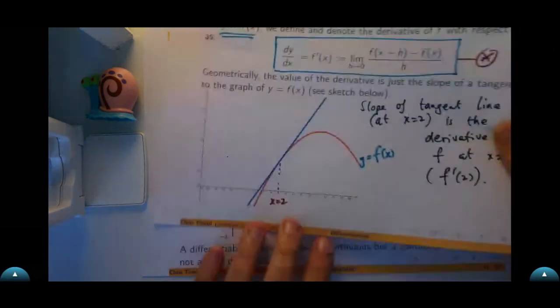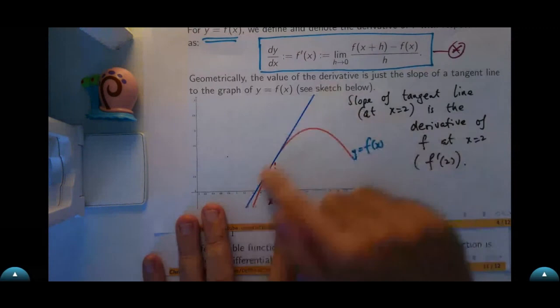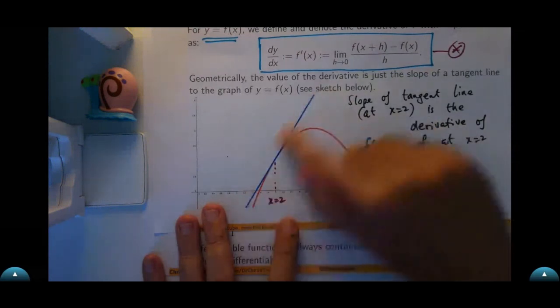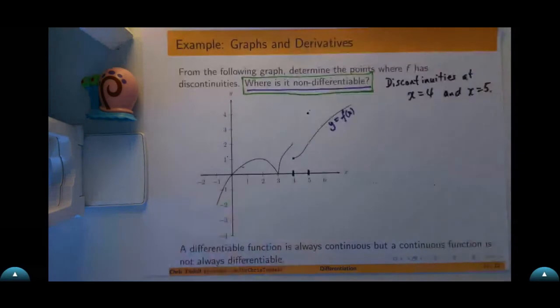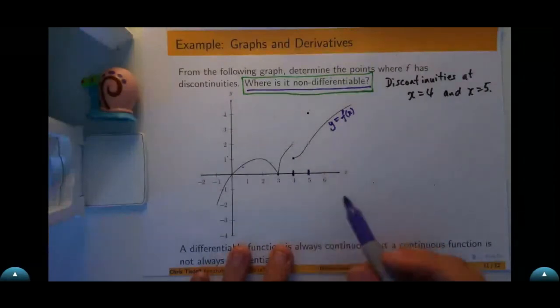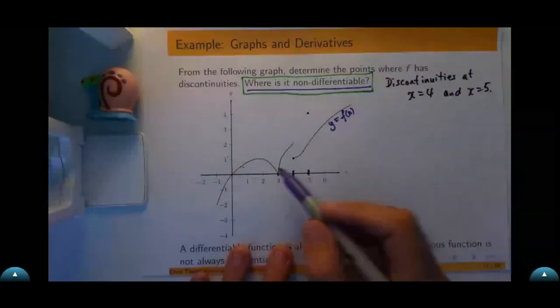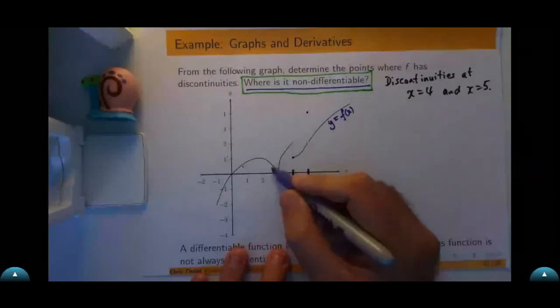A geometrical way of saying where it is not differentiable is points where it has no tangent line to the curve. It can't have a tangent line there. This is known as a spike point or a corner.